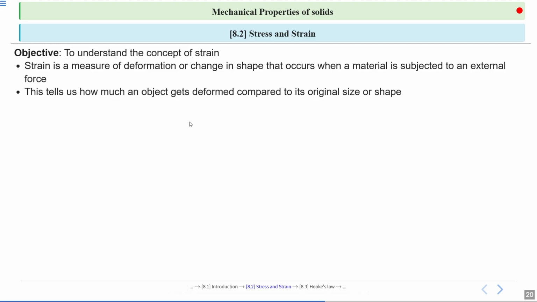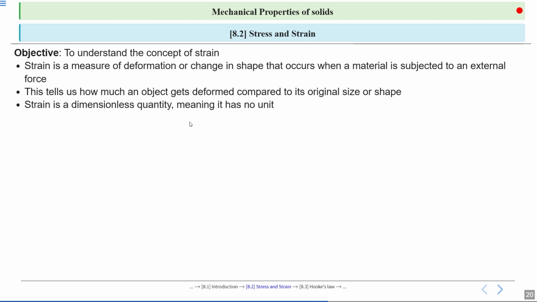So this tells how much an object gets deformed compared to its original size or shape. This comparison is important because it allows us to quantify how much an object has been deformed relative to its initial state.